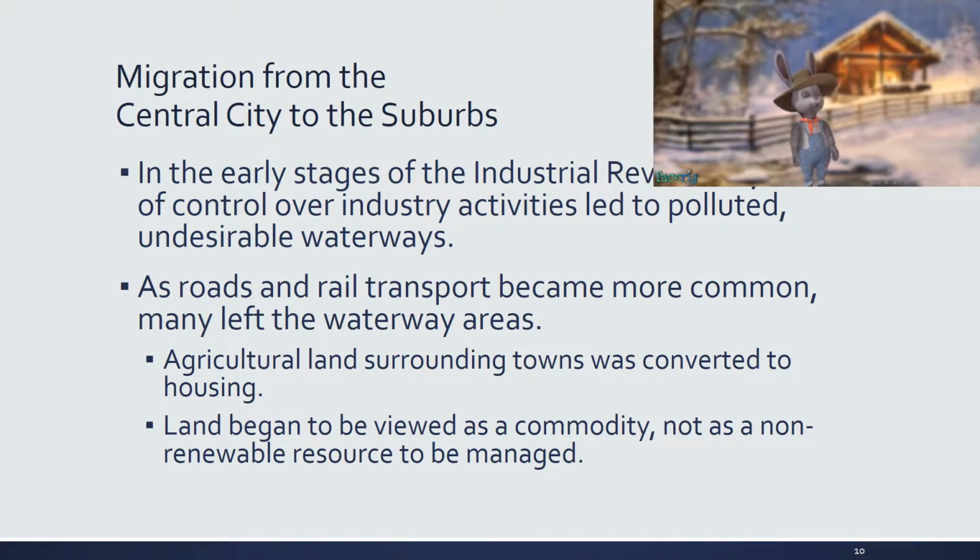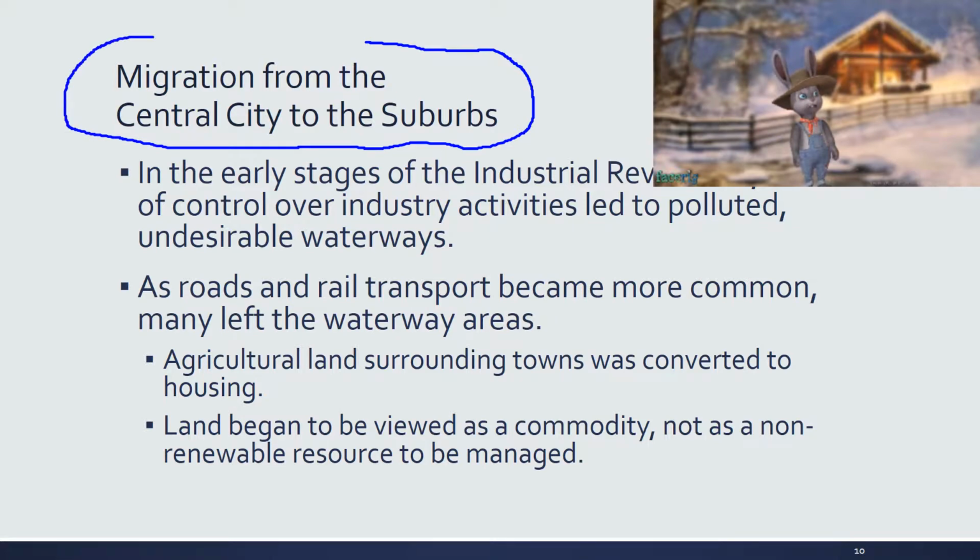Another thing we see, as urban areas become bigger, more crowded, and as you develop a middle class, we start to see migration from urban areas then to suburbs. And this is primarily driven by this wonderful thing called cars, transportation. And that can include trains, anything that can be commuted on.